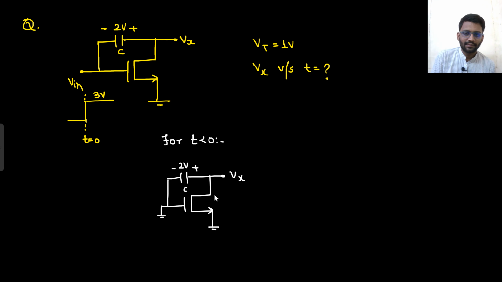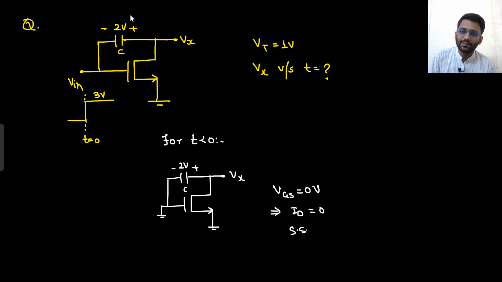This is the circuit for t less than 0. Here again your VGS is 0, again your current will be 0. Nothing will happen in this circuit as well. Right? For t less than 0, nothing will happen here. Current is equal to 0. This is the steady state only.